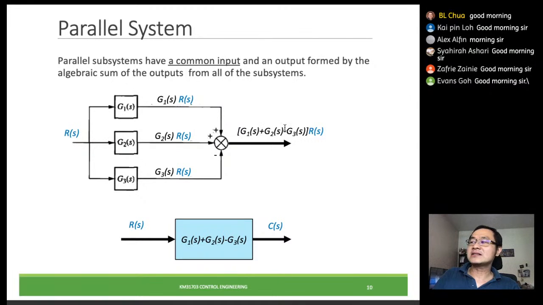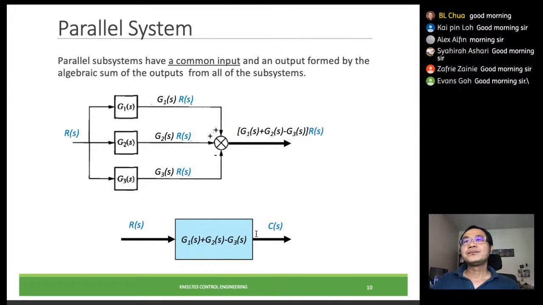So with this plus minus, we can group them, and we have a common input over here. Using the same method, if we intend to simplify this whole parallel system, we just compare the output and the input. The input signal is removed and we can simplify it as G1 plus G2 minus G3.